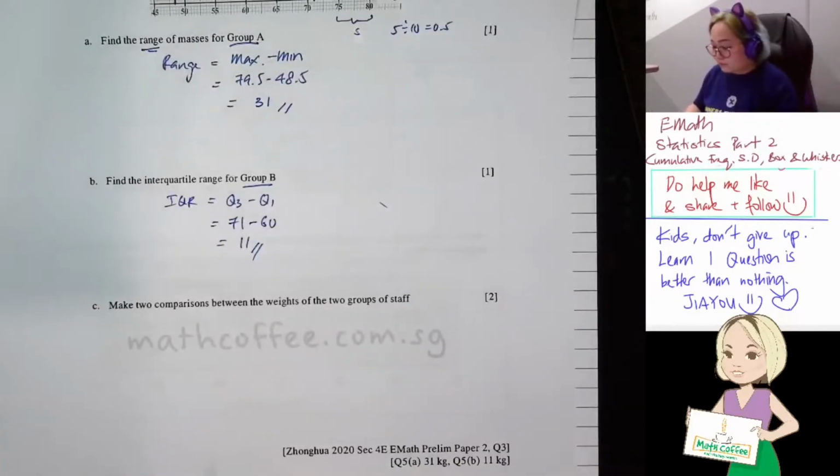Now, a popular question that they like to ask for data statistics is comparison, right? That's the main thing about data. When you do data analysis, you are supposed to make comparisons. Make 2 comparisons between the weights of the 2 groups of staff. So we will always use the mean, the median, as well as the interquartile range. Let's take a look at our median.